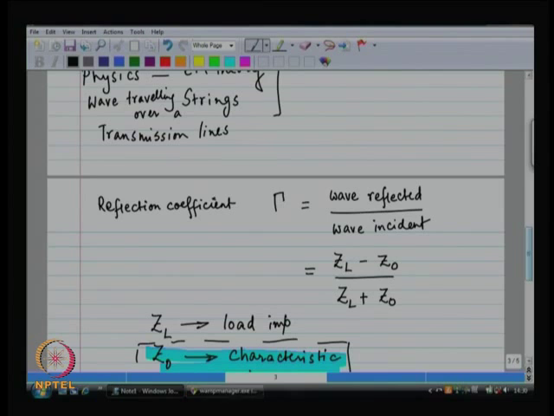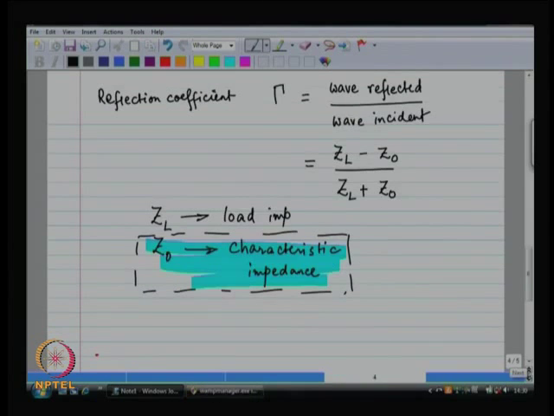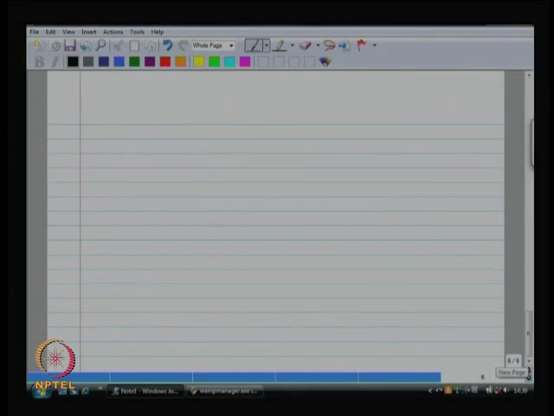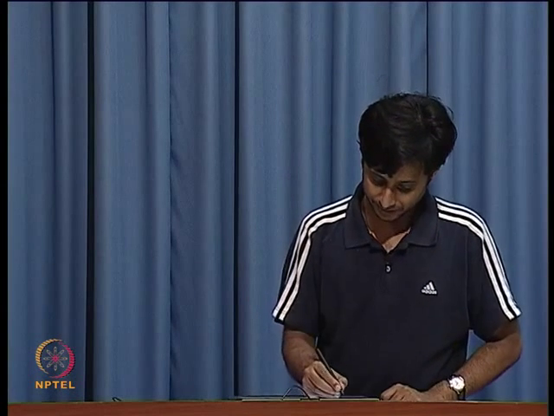Now what? Suppose I know the characteristic impedance, suppose I know the reflection coefficient. So what? This is how it works.